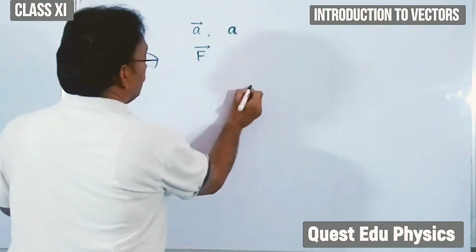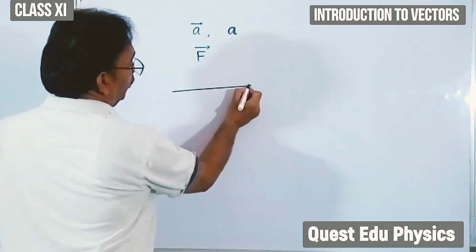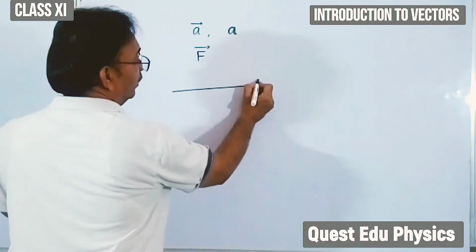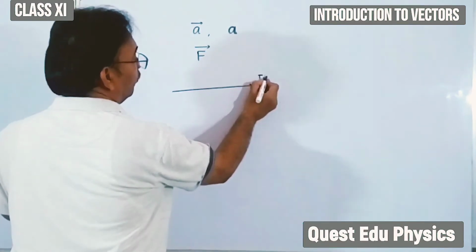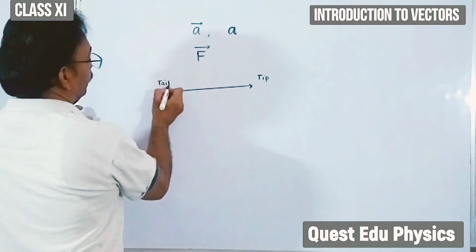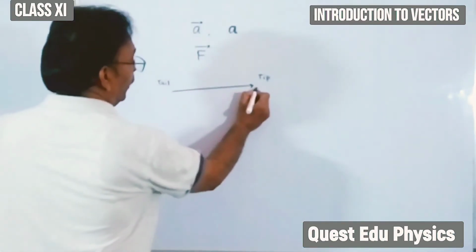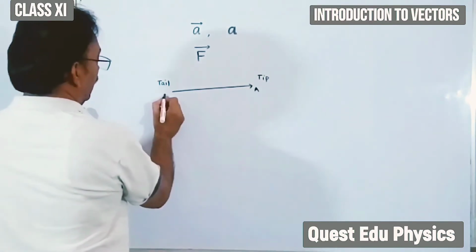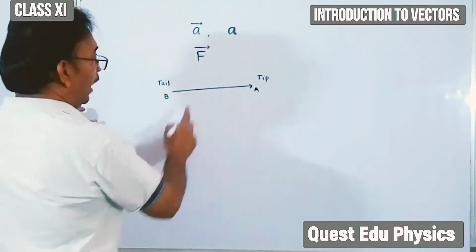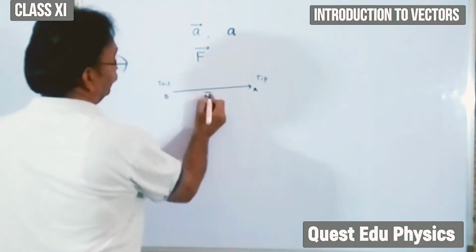Here, see, I took an arrow. It is the tip of the arrow, isn't it? Is the tip, and it is the tail of the arrow. Say the tip is A and the tail is B, and this vector is represented as AB bar also.